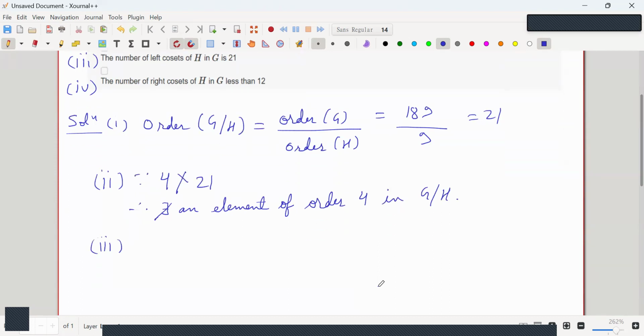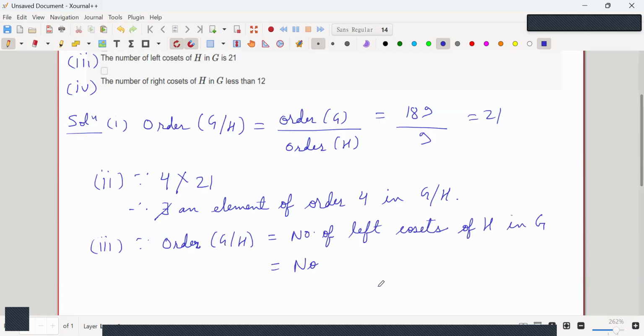What about the third one? The number of left cosets of H in G is 21. That is true, because the order of G by H is the same as the number of left cosets of H in G. And since the subgroup is normal, all left cosets are also right cosets, so this is also the number of right cosets of H in G, and that is 21.